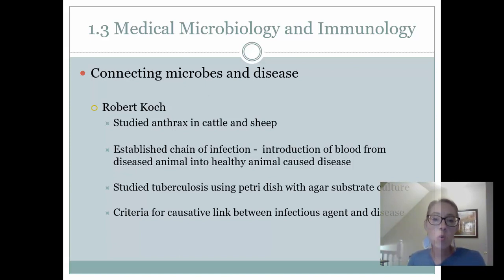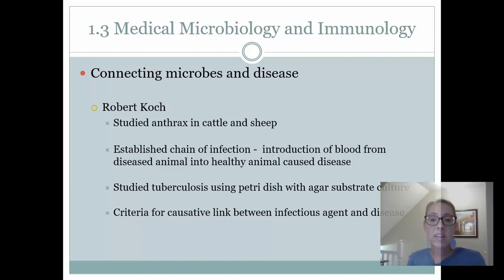Robert Koch was a physician who had a lab. One of his primary contributions to medical microbiology, and again, I realize that this seems very obvious, is what's called the chain of infection.